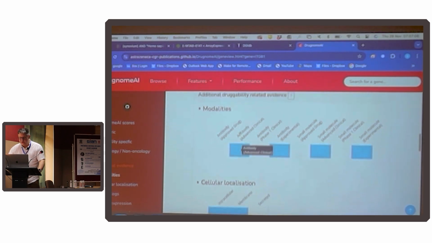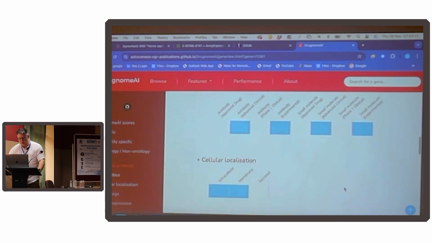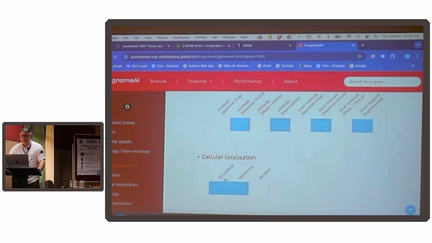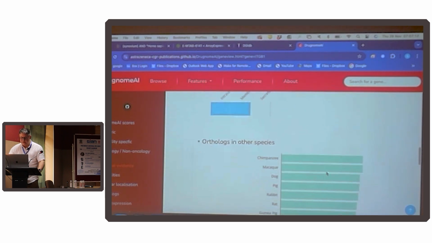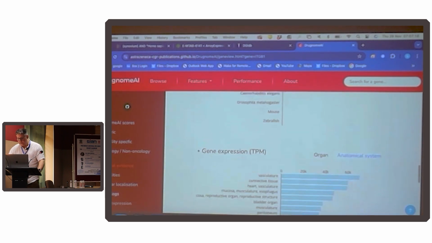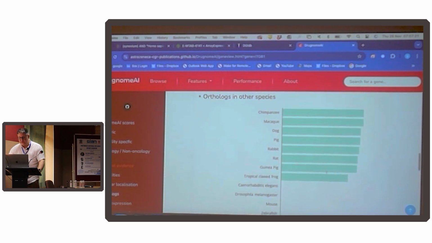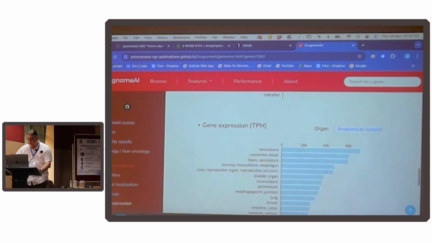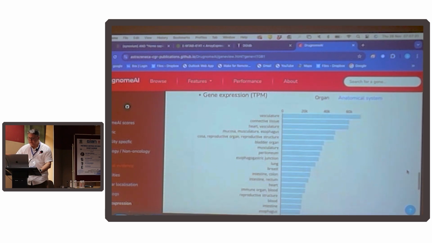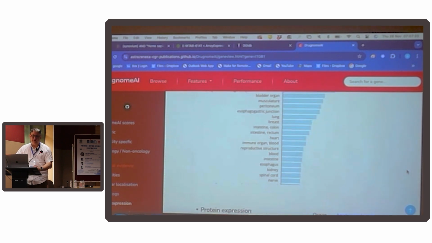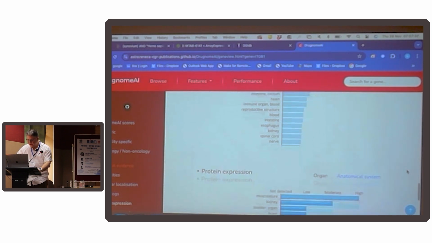And then this is showing the modalities where it might well work. It shows the cellular location, so it's intracellular and membrane, so that's why it's a good antibody. And there are orthologs for this in other species, so if we need to create an animal model, we know there are orthologs there, and we can see here where it's expressed. So we can estimate where other effects may occur if we start to mess with this.